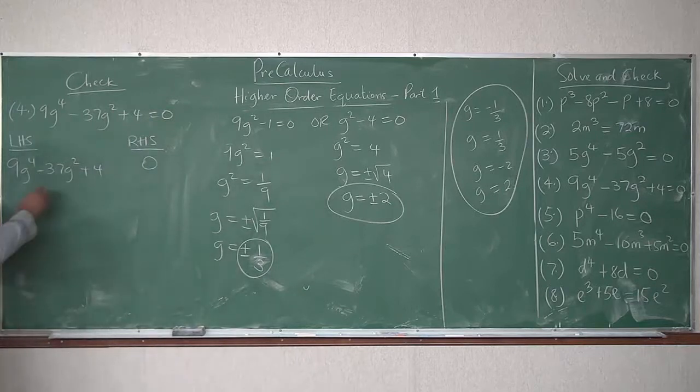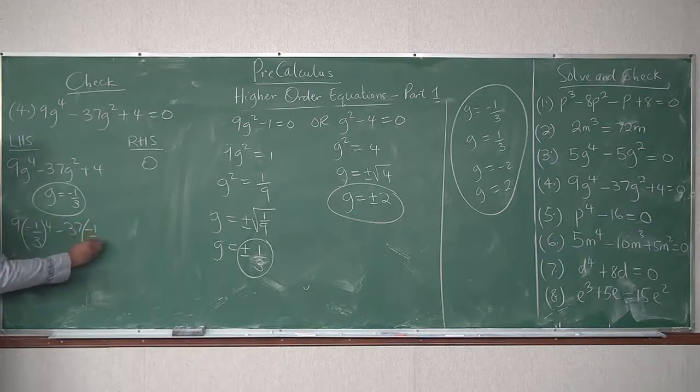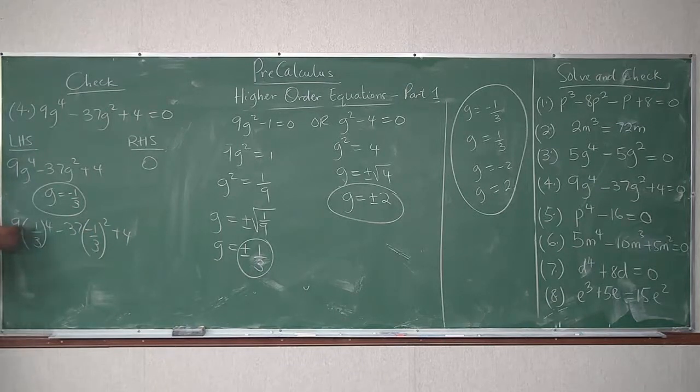Let's start with g equal to negative 1 over 3. So this is 9 times (negative 1 over 3) all to the 4 minus 37 times (negative 1 over 3) all squared plus 4. Okay, don't be scared of fractions. Now, this is a negative base to a positive exponent, so it's going to give me a positive result anyway.